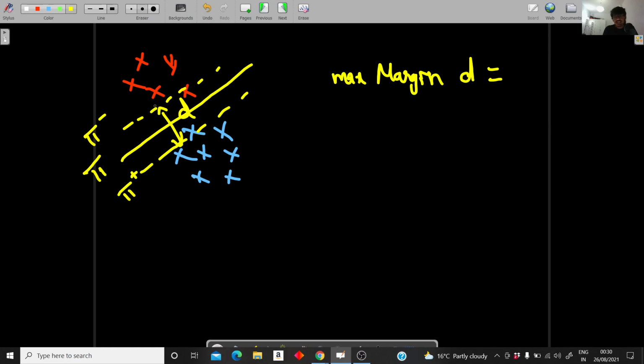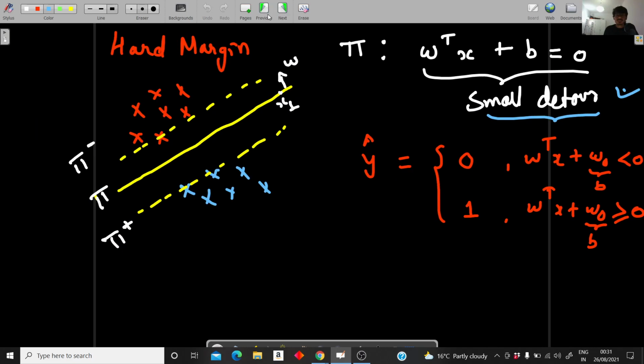If you take any point on this plane, pi minus, and any point on this plane, we know the equation of both the planes. Sorry, I didn't write the equation of pi minus and pi plus, I just wrote it for pi.